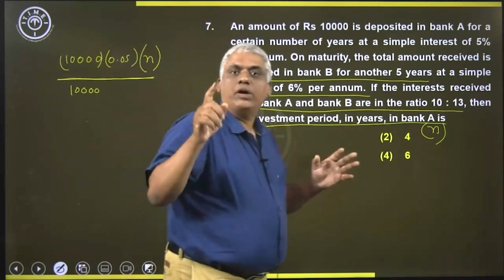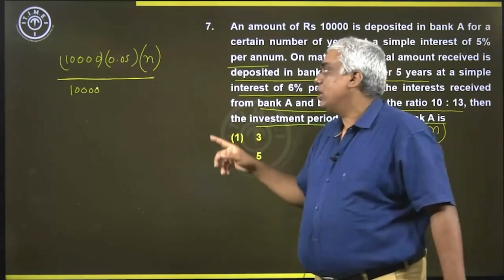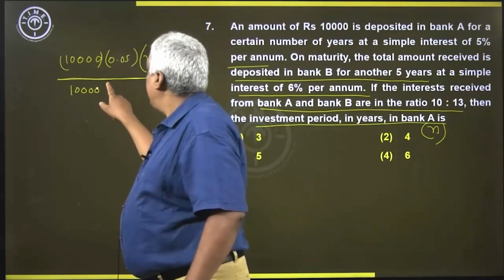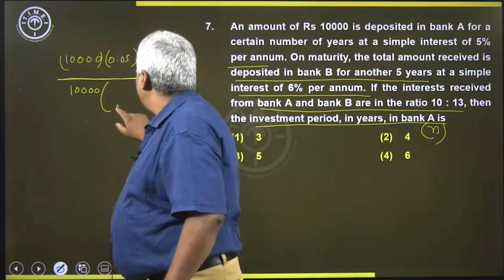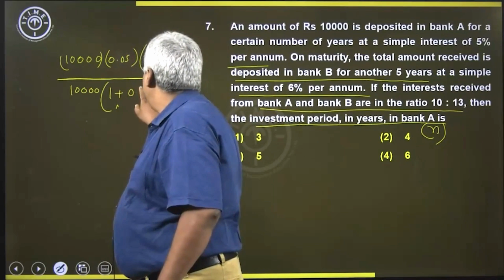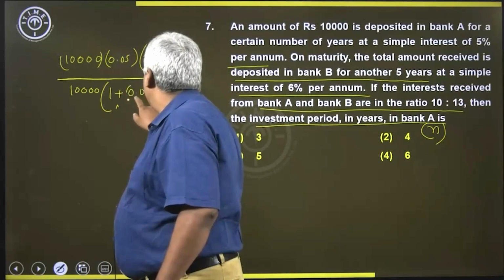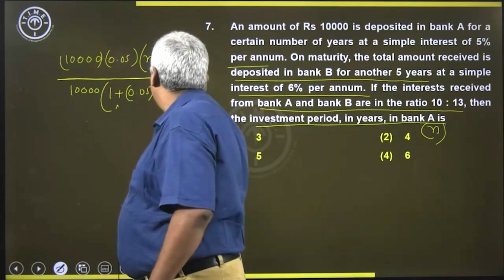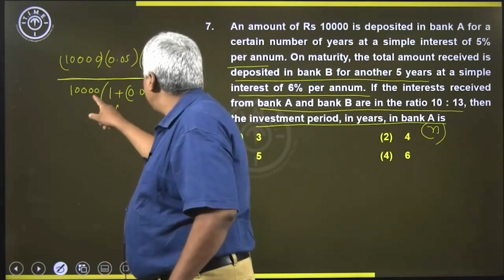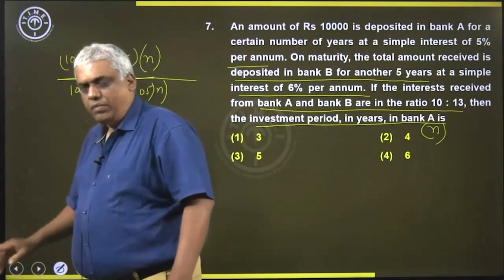The maturity money received from bank A will be 10,000 plus this interest. Taking 10,000 common, it will be 10,000 into 1 plus 0.05 into n. This is the money received from bank A.